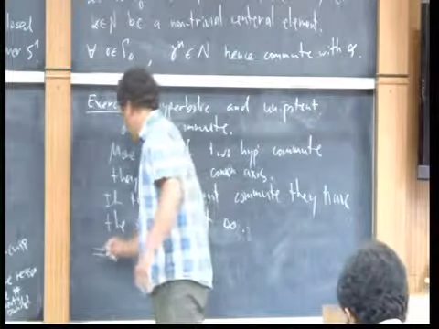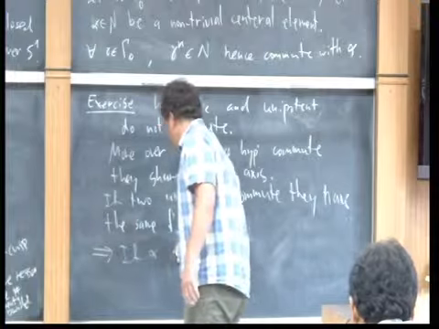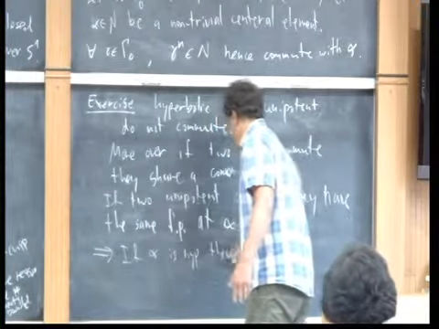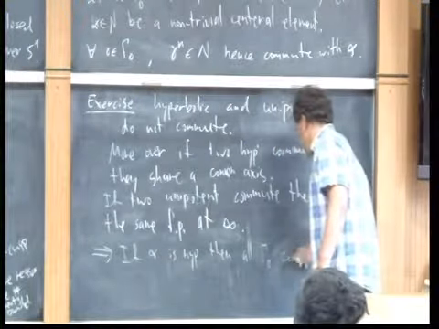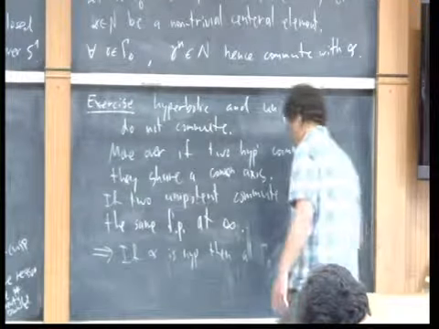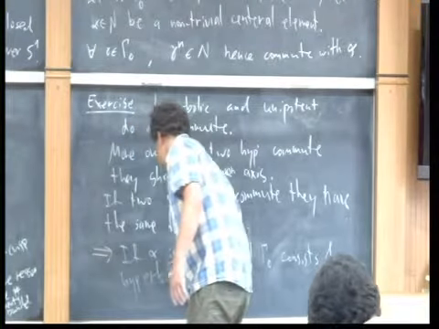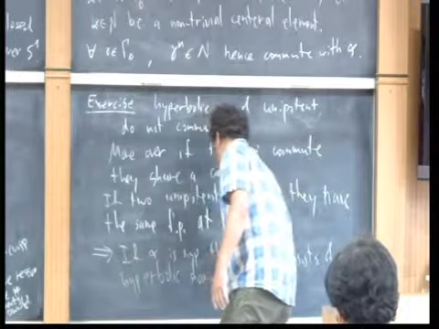This implies if alpha is hyperbolic, then all of gamma naught consists of hyperbolics sharing a common axis.